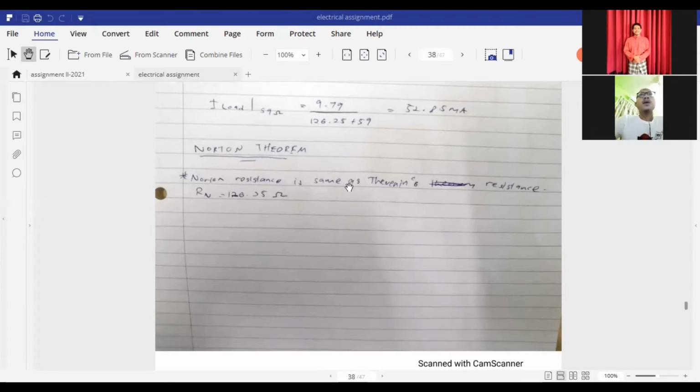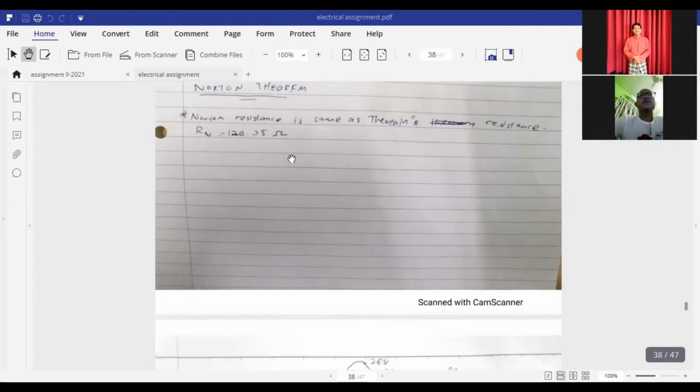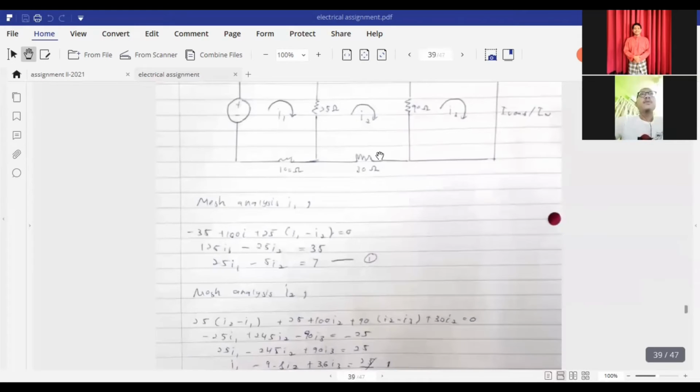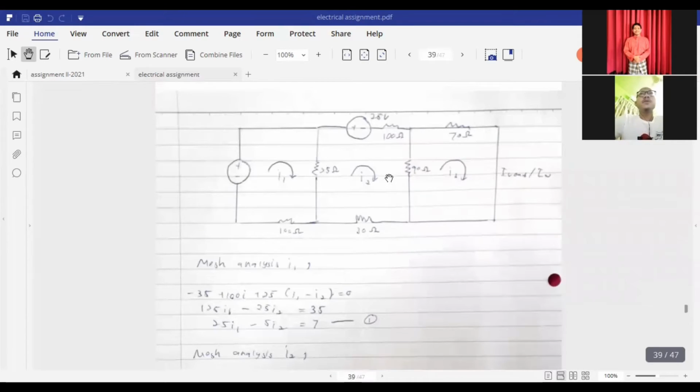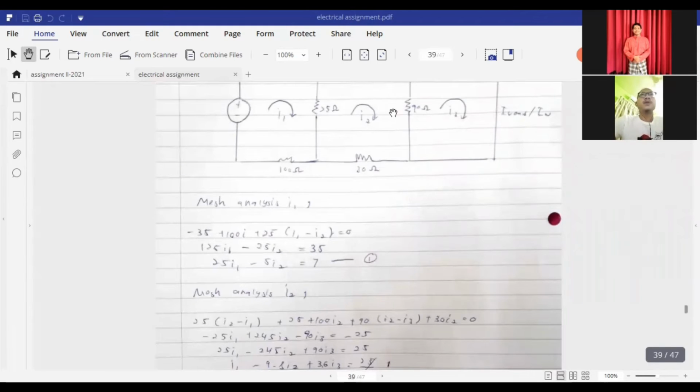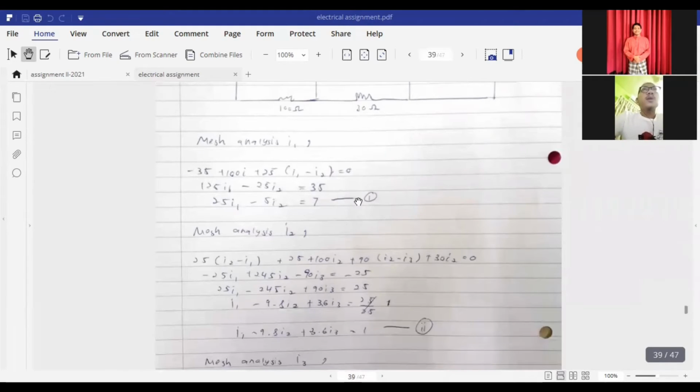Norton theorem uses the same resistance as Thevenin's resistance. We use mesh analysis to solve this problem. For the first equation, 25I1 minus 5I2 equal to 0.